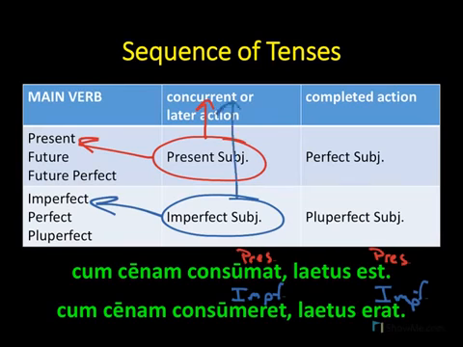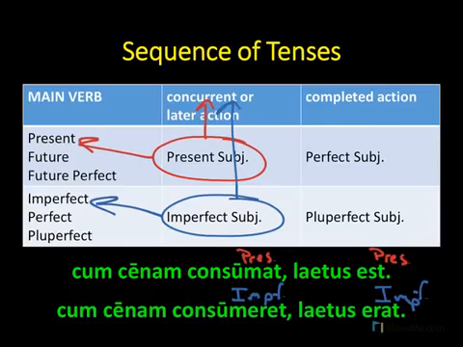So, when he was eating dinner, he was happy. The eating of the dinner is concurrent or simultaneous or happening at the same time as his happiness. So that's how we talk about a concurrent or a later action in the subjunctive clause.